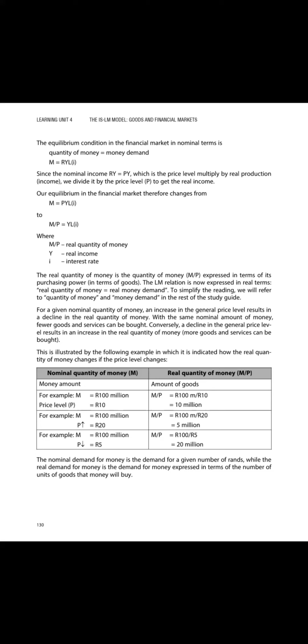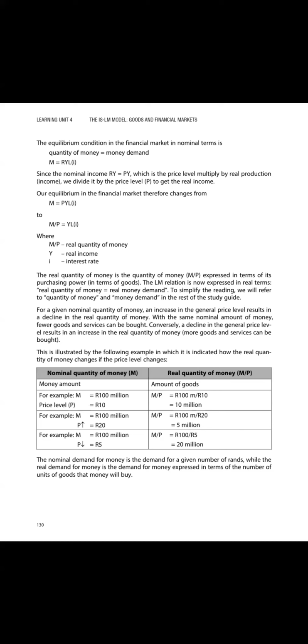I gave this example in the previous session: we are assuming two types of assets here. You can either keep your money in the form of bonds, which pay an interest, or you can keep your money in your mattress, which doesn't give you an interest.